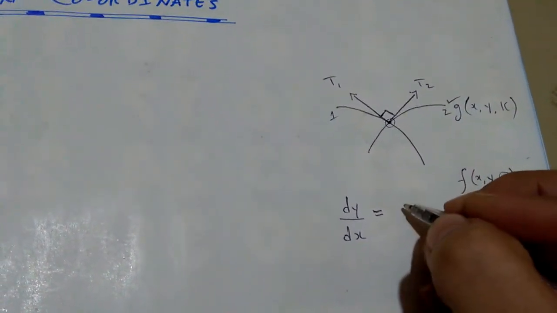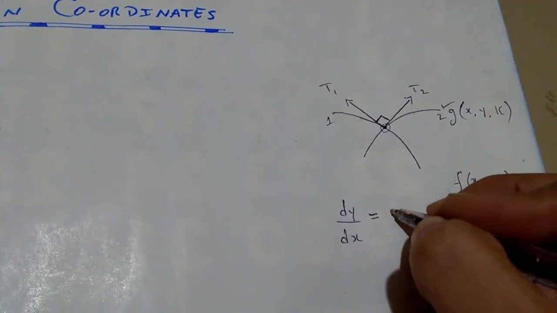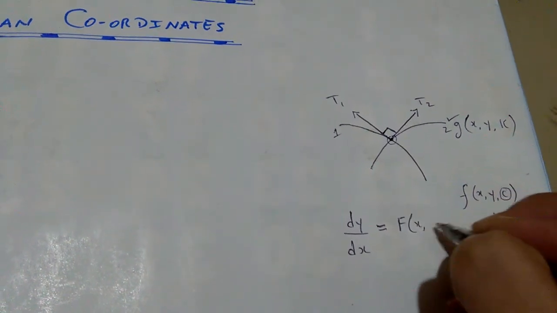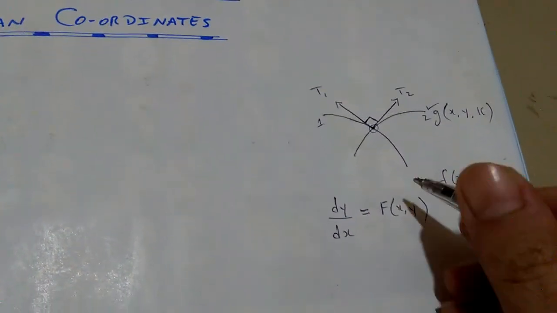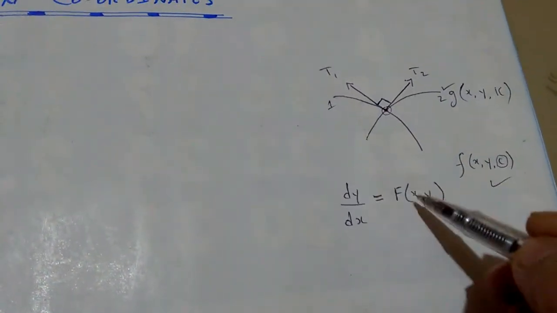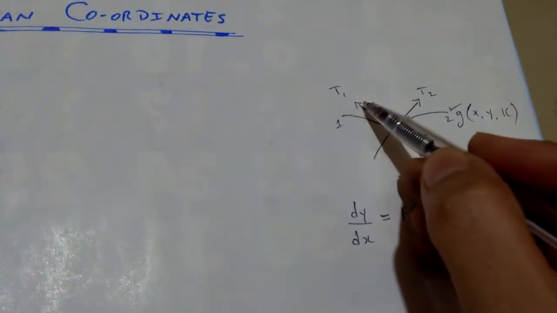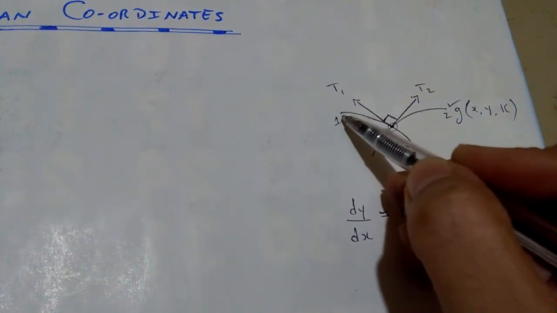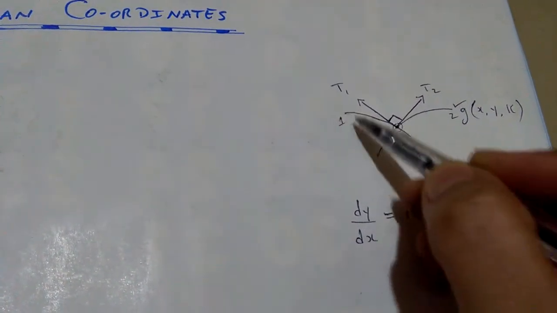I represent it with some value like this, and it will appear in the form of a function. So this is the slope of the tangent of this first family of curves.